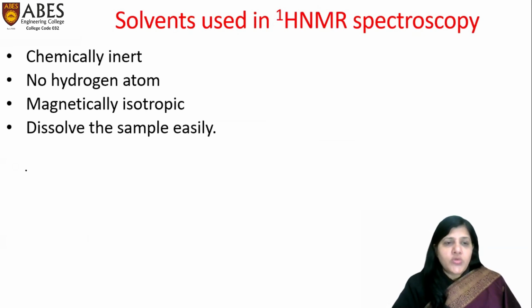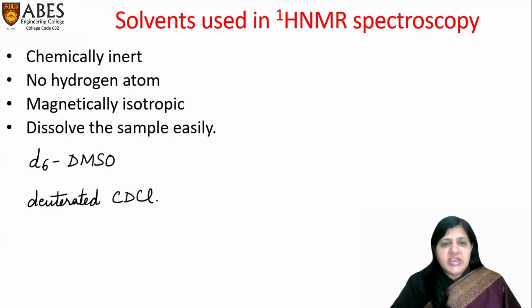The most common solvents used in NMR spectroscopy are deuterated dimethyl sulfoxide and deuterated chloroform, that is CDCl3, and another common solvent is carbon tetrachloride, having no hydrogen or proton in it. In this way, these are the common solvents used for proton NMR spectroscopy.